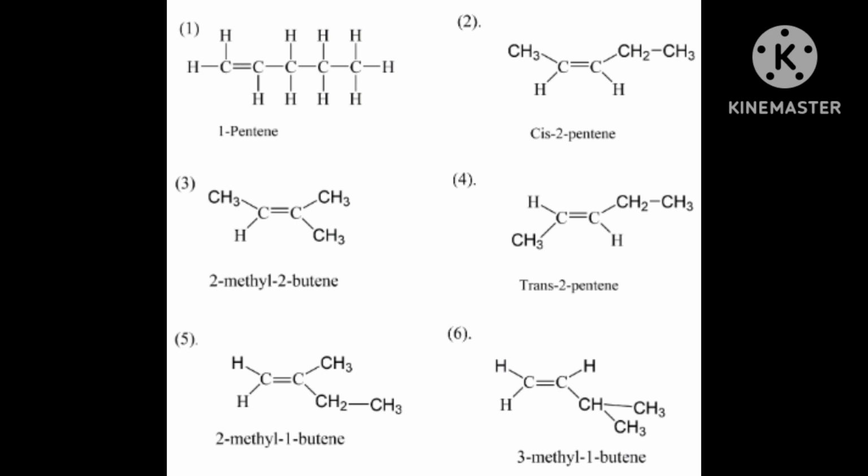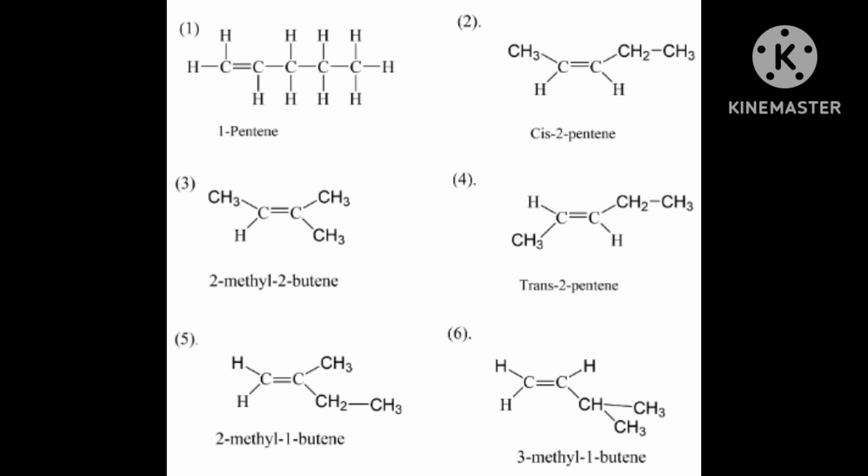Just like alkanes, ethene, that is C2H4, and propene, C3H6, can have only one structure. Ethene and propene have only one structure, but alkenes higher than propene, meaning 4 carbons or more, have different structures.